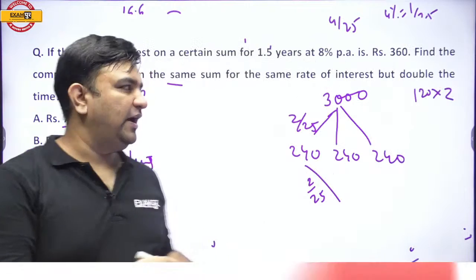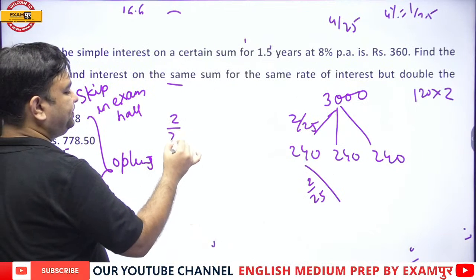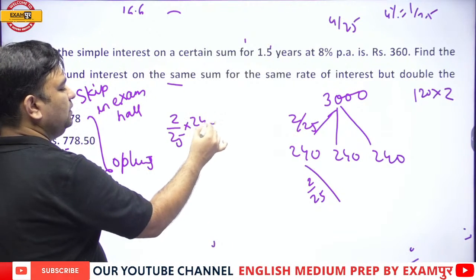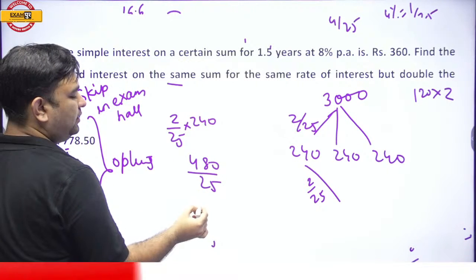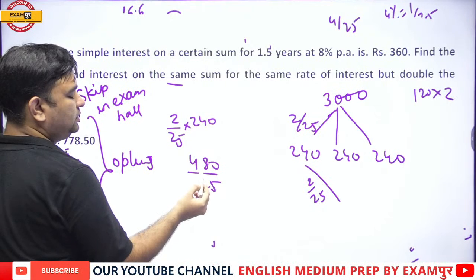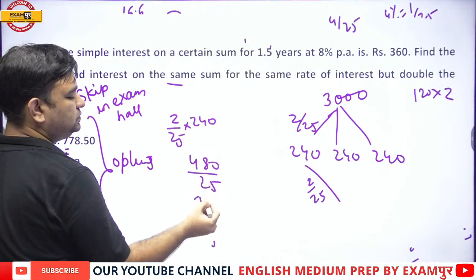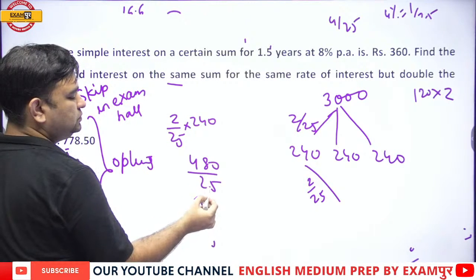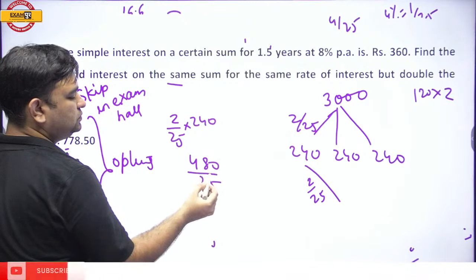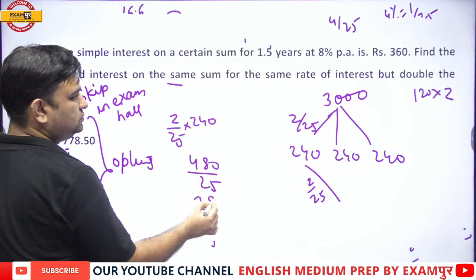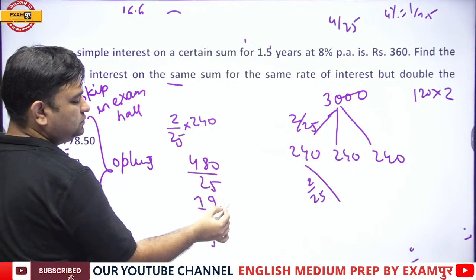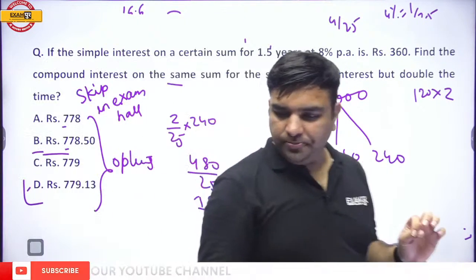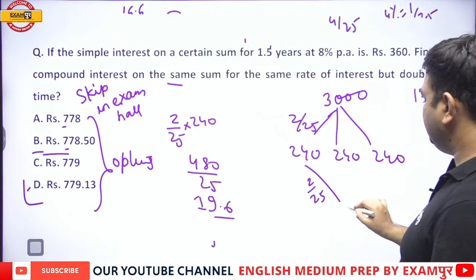What is 2 by 25 of 240? 480 by 25, which is becoming 19.2 each.